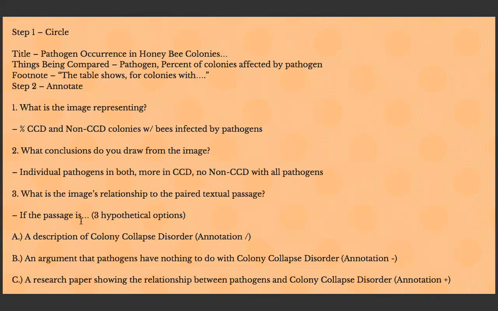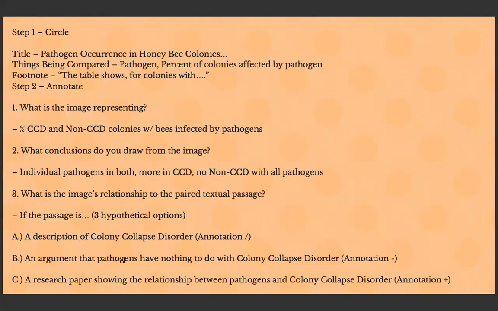So here's where you annotate. If the passage is, and here's three possible options. A, a description of a colony's collapse disorder. Well, the annotation is probably going to be a slash because it doesn't necessarily match or agree.